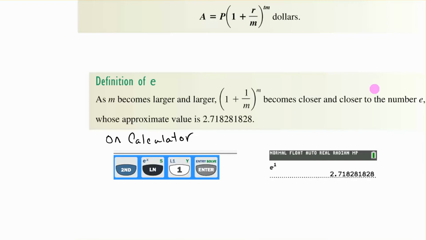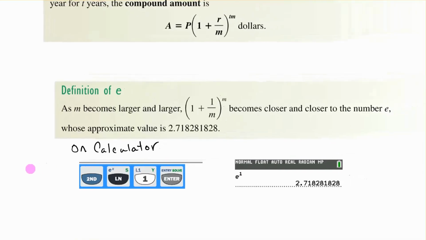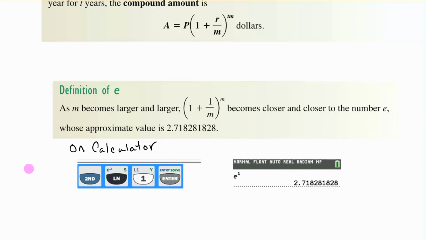We're going to talk about the number e. It comes from the expression 1 plus 1 over m, raised to the m. As m gets larger and larger, it becomes closer and closer to the number e. An approximate value of e is this number here. It's an important number, especially in exponential functions, and we have it on our calculator.